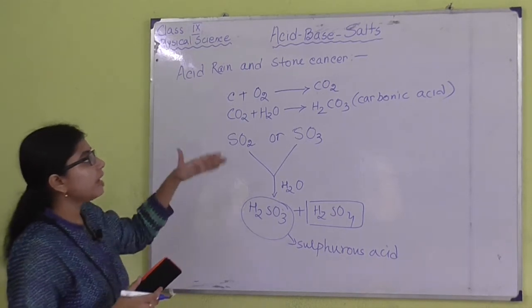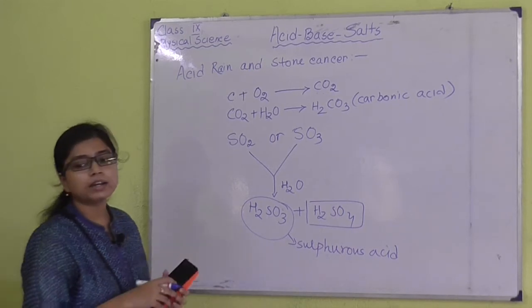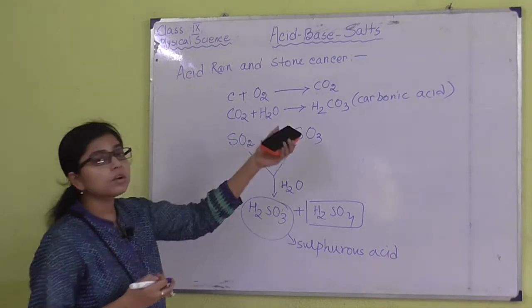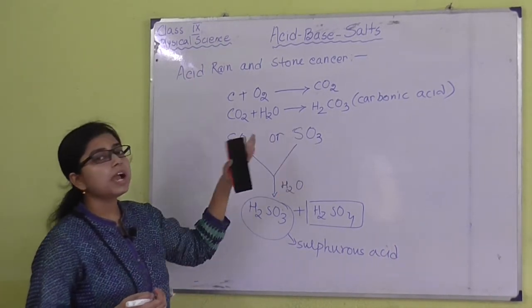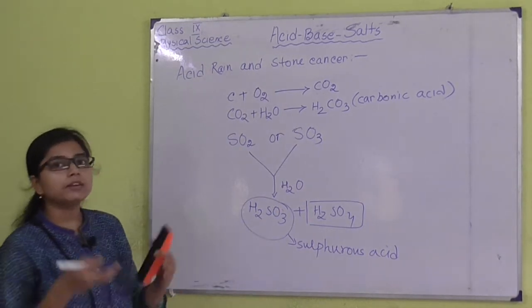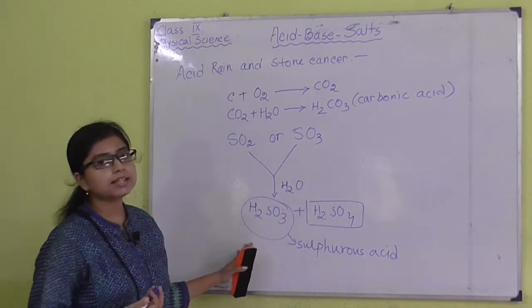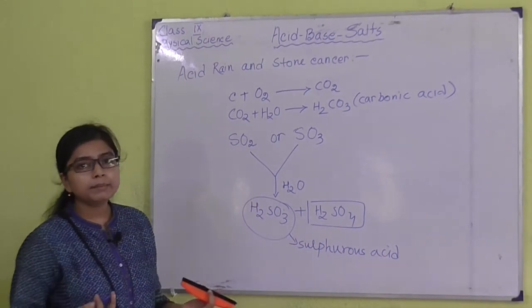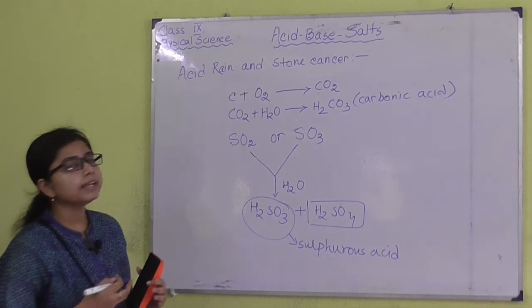So, in this way all these components, like nitrogen and oxygen forming nitrogen dioxide and nitrogen pentoxide, we also have carbon dioxide, sulfur dioxide, sulfur trioxide, and all of them combine with water to form nitric acid, nitrous acid, carbonic acid, sulfurous acid, sulfuric acid, and all of them ultimately mix with water to make the water acidic in nature.